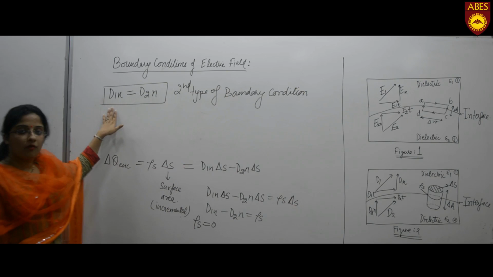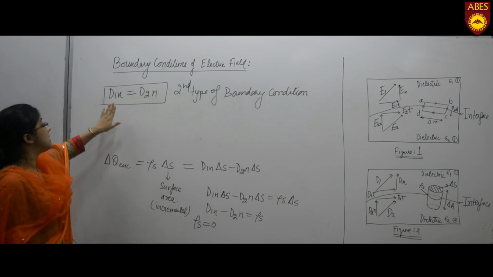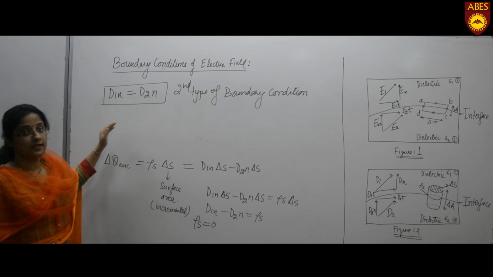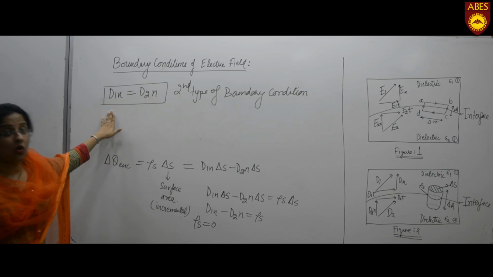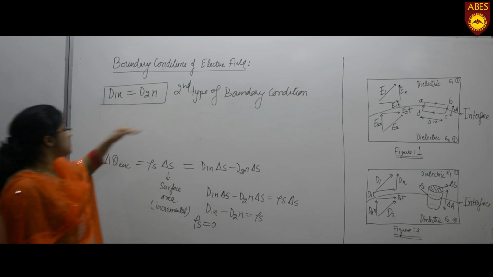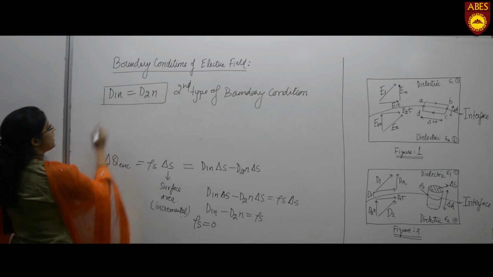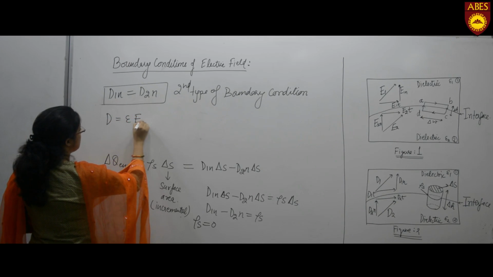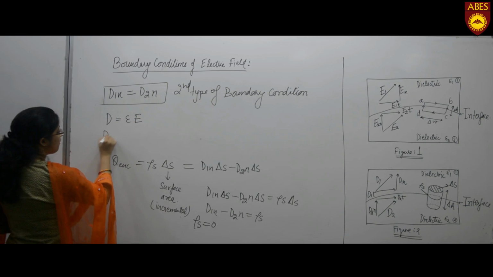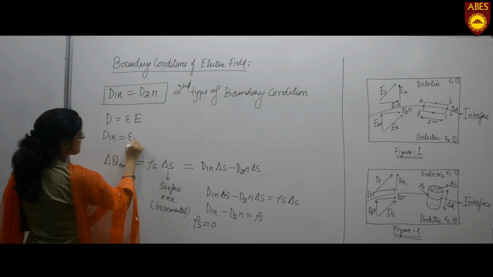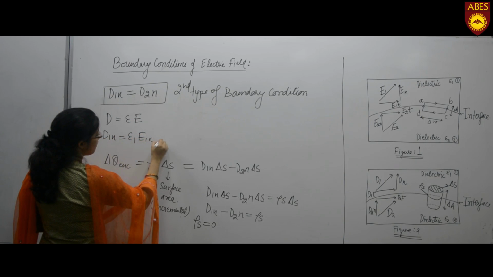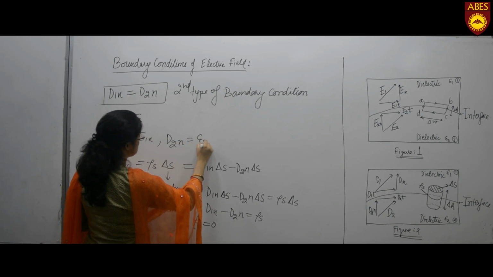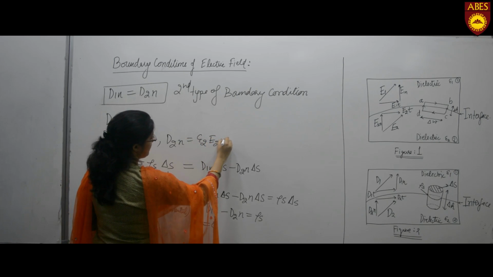Now by this boundary condition, what do we signify? That the normal component of electric flux density is the same on both sides. That is why it can be said to be continuous across the interface. But if I put the value of D in terms of E, then as we know that D equals epsilon E, so D1n equals epsilon 1 E1n and D2n equals epsilon 2 E2n.